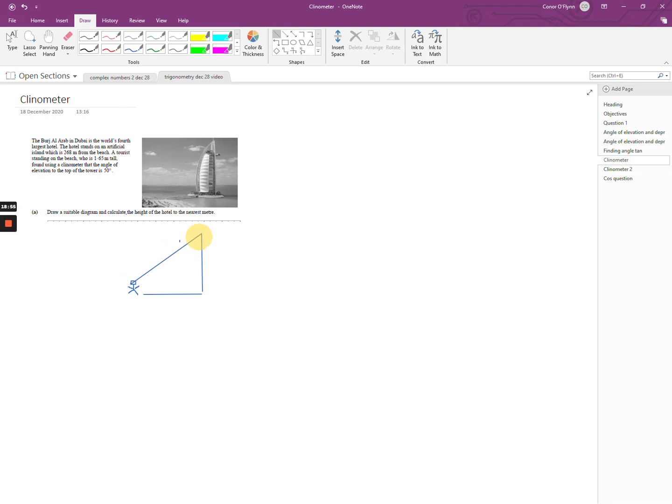So that's his line of vision. He's looking from there, and basically this will be 90 degrees. Okay, so we want the height of the hotel. He is standing 268 from it on the beach. So he's 268 here, where he is.